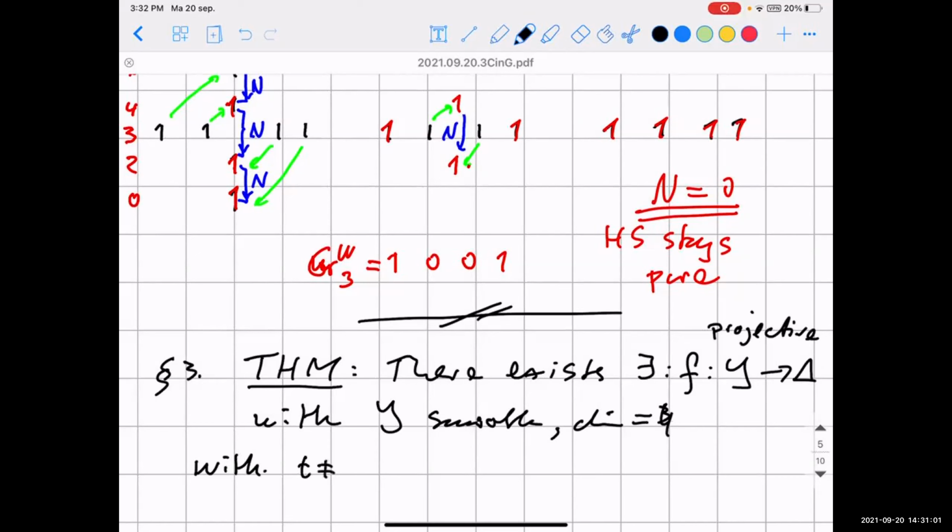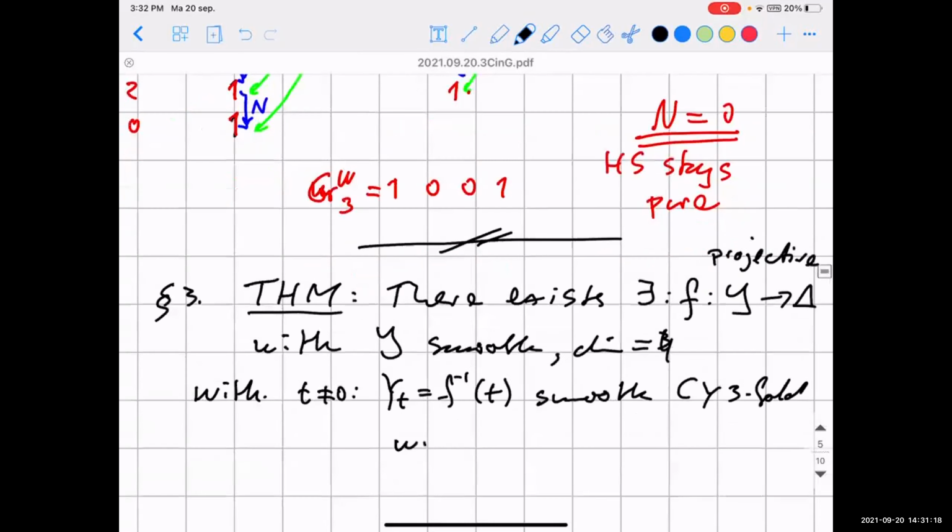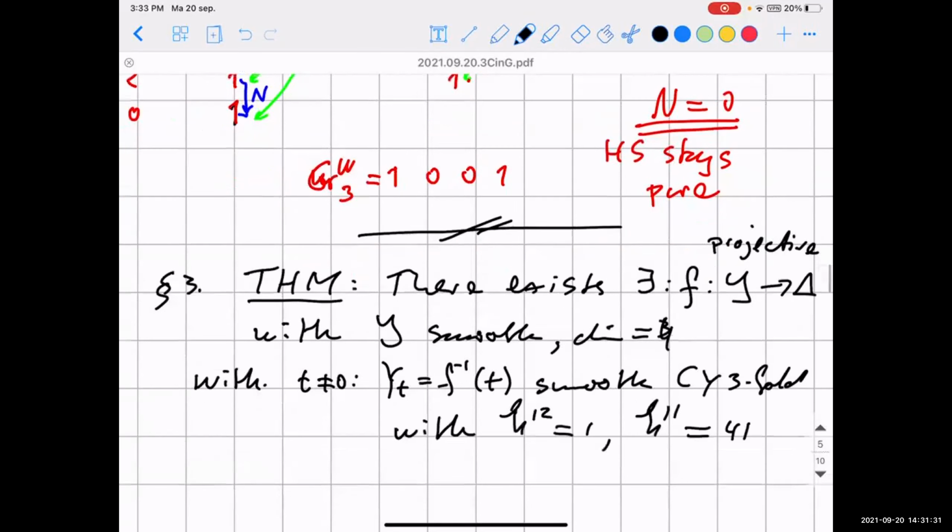For t not equal to 0, Yt is a smooth Calabi-Yau threefold with h^{1,2} equal to 1 and h^{1,1}, well, it's not important for this talk, but in the example I speak about, it's 41.